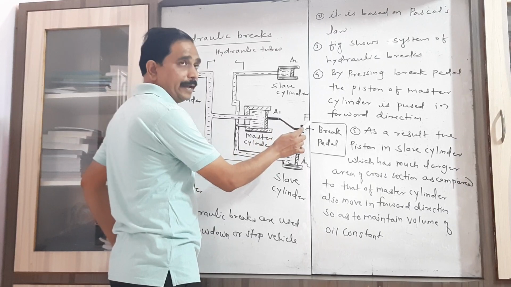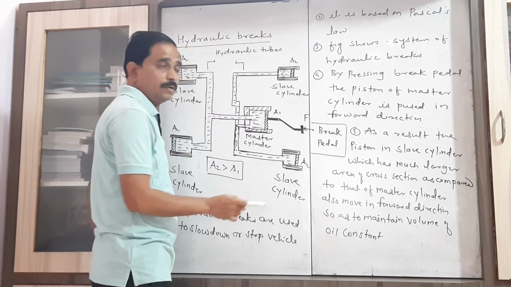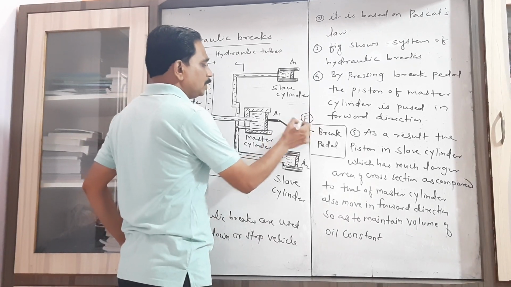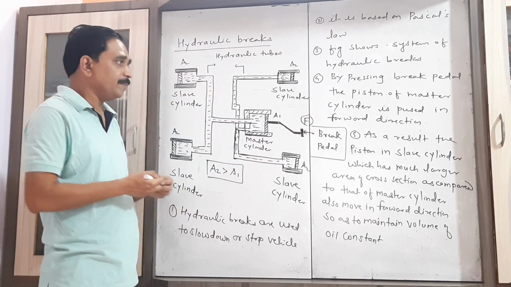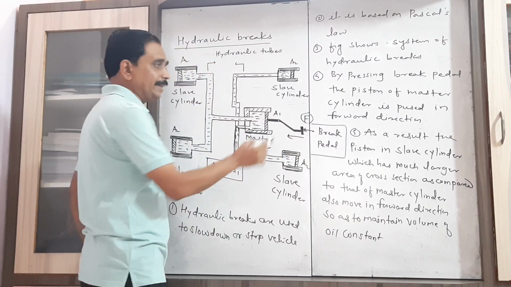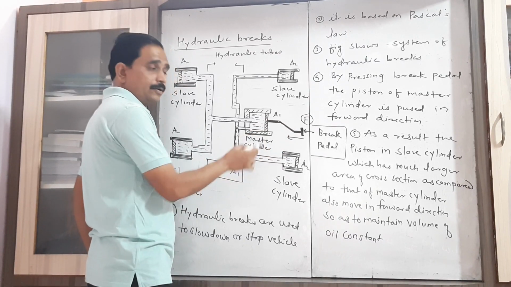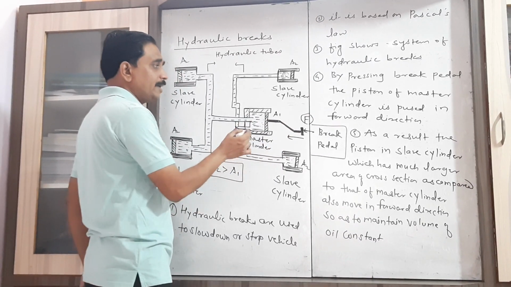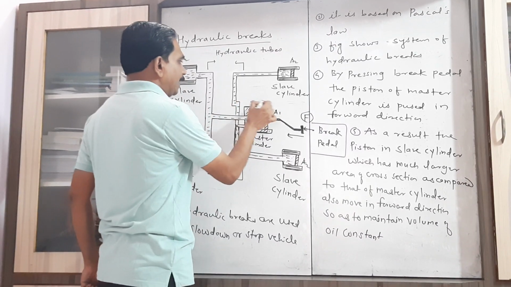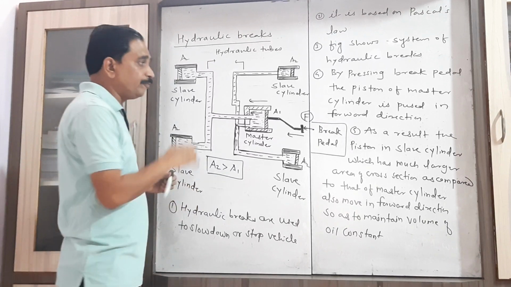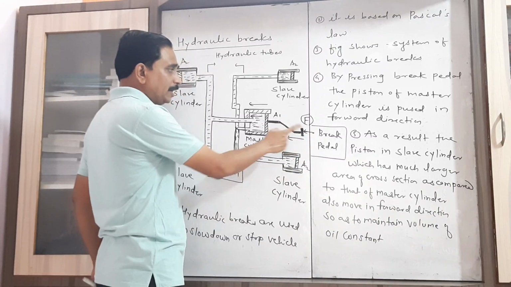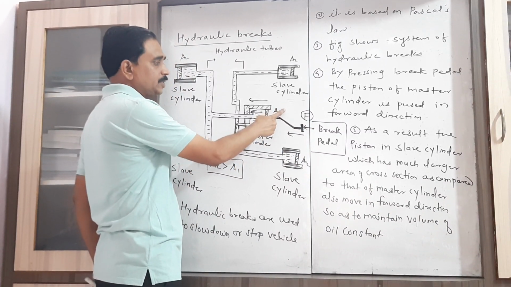Now you have to start the working of the hydraulic brake from this point. When you apply a small force on the brake pedal, let F be the force acting on the brake pedal. Because the brake pedal is connected to the piston of the master cylinder, this piston will move in the forward direction. This piston has area of cross section A1.